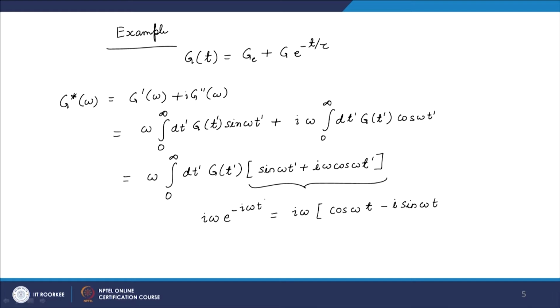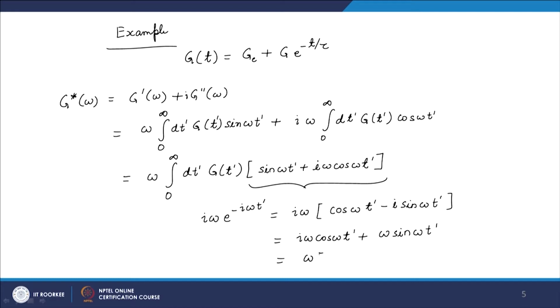We are working with t prime, so it is this, and this will then be equal to I omega cos omega t prime plus, because I multiplied by I is minus 1, plus omega sin omega t prime, which is exactly what we have.